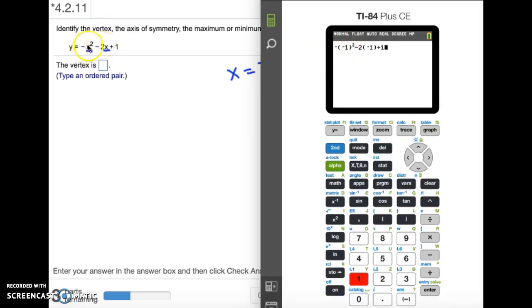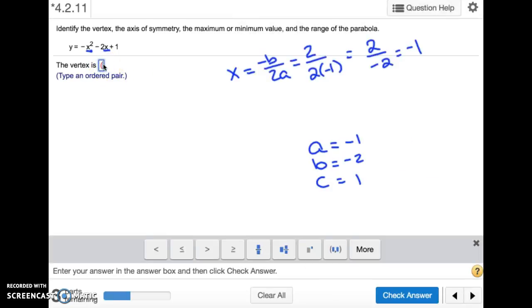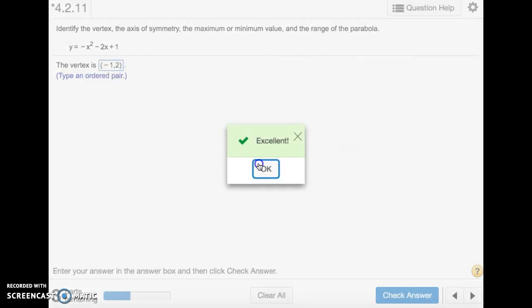So I have negative and then parentheses -1 squared minus 2 times -1 plus 1. And when I enter that, it gives me a value of 2. So when I go up here to enter my vertex, I have to enter it with an ordered pair, so -1, 2, and that is the correct answer.